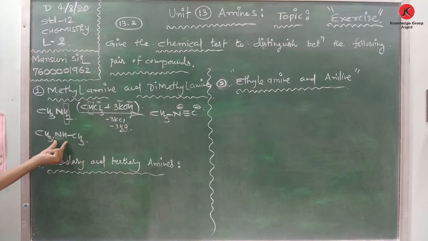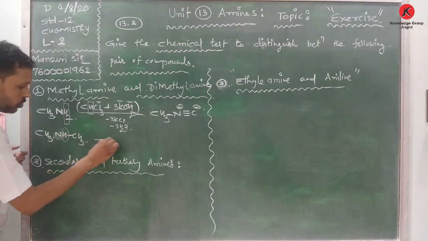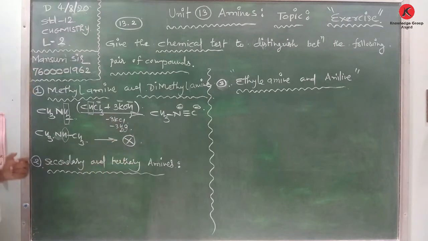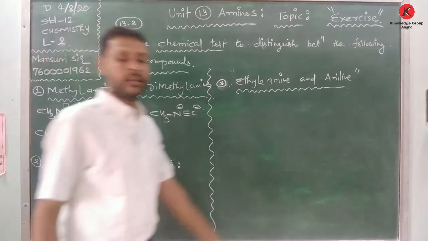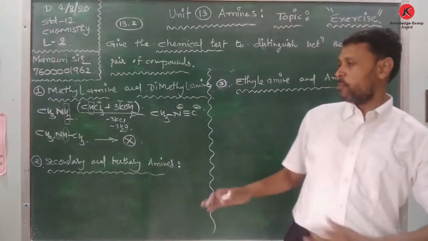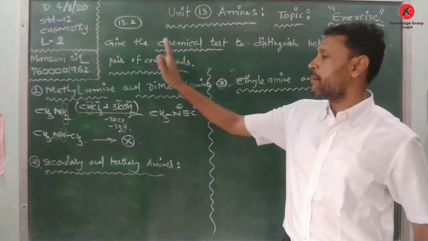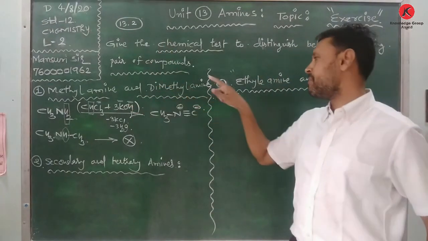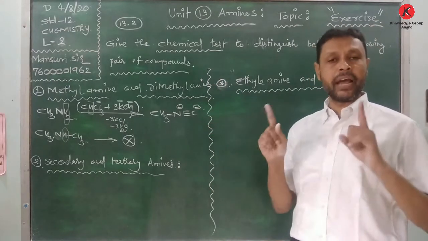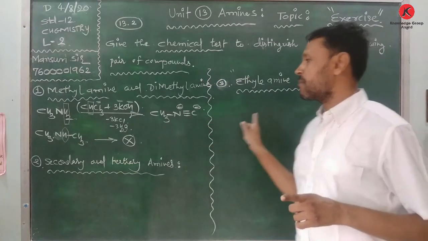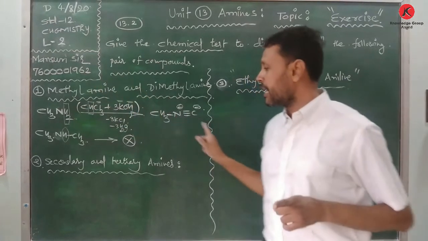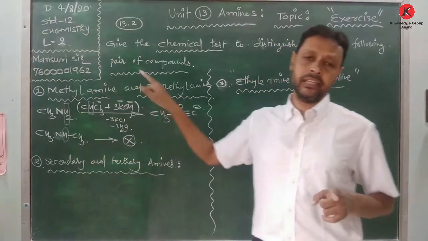But secondary amine, which does not have two hydrogens, will not react with the mixture of chloroform and alcoholic KOH. So methylamine is primary amine, dimethylamine is secondary amine. Primary amine gives the carbylamine test, but secondary amine does not give this test.